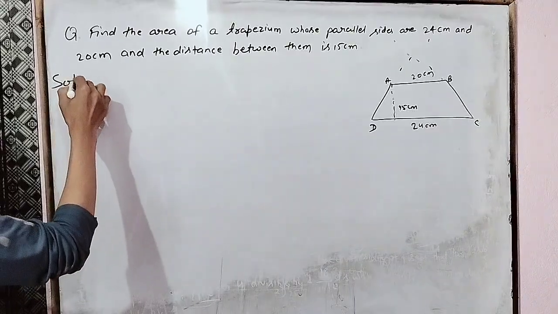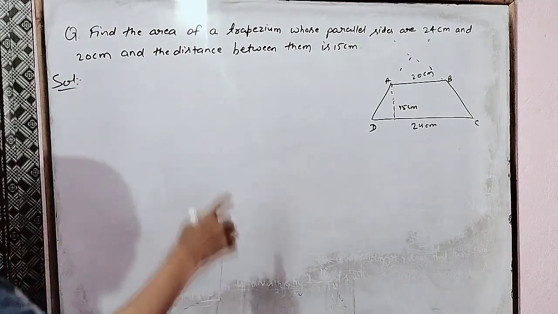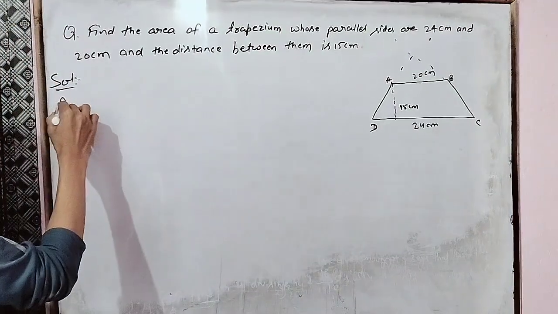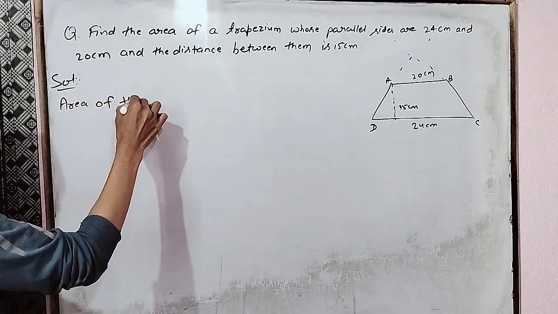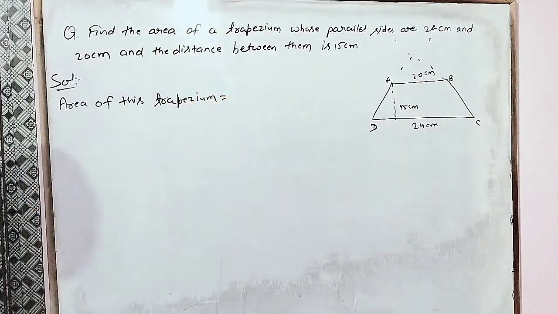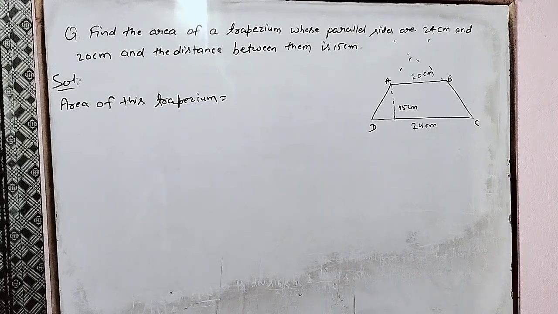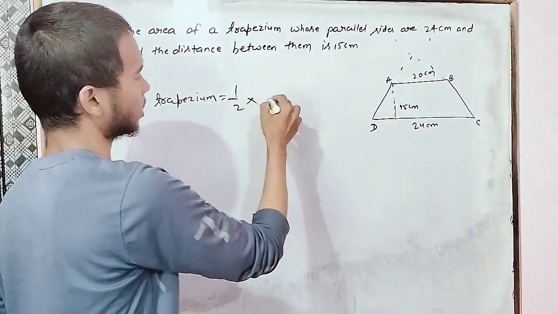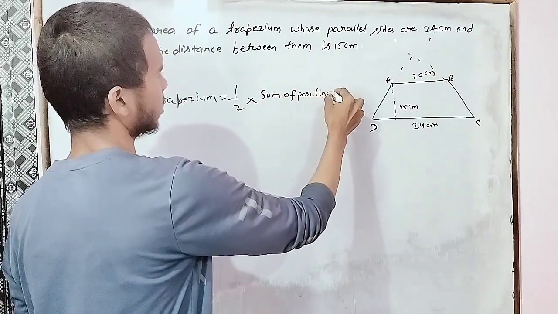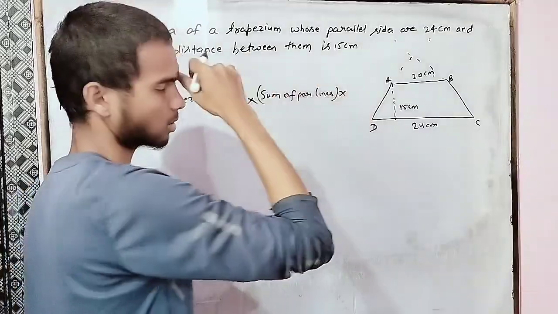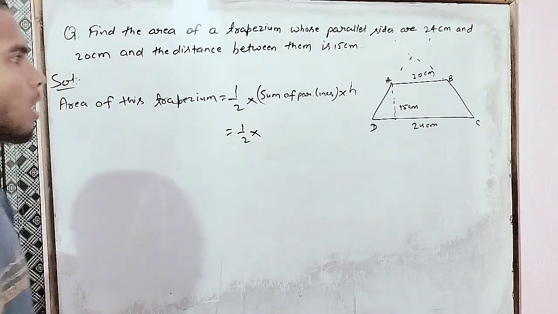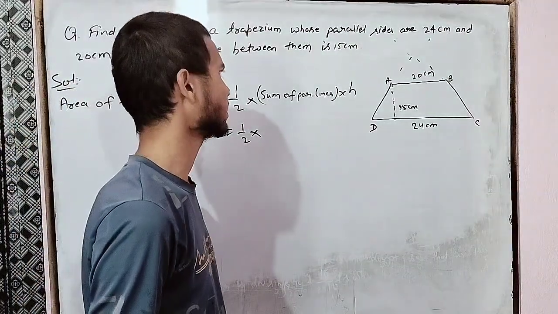Now we can easily apply our formula for this trapezium. The area of this trapezium is how much? As we know, 1 by 2 multiplied by the sum of parallel lines, and then multiplied by the height. 1 by 2 is a number, then the sum of parallel lines. Let's simplify it.